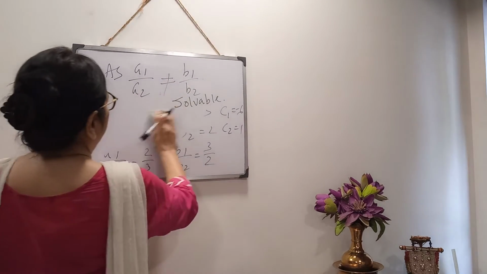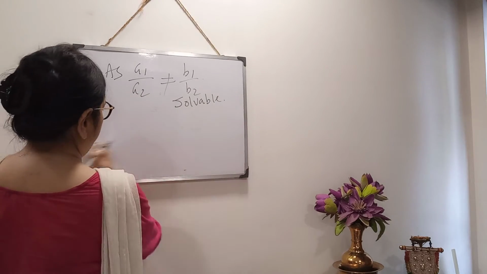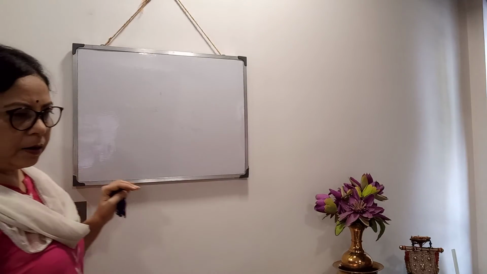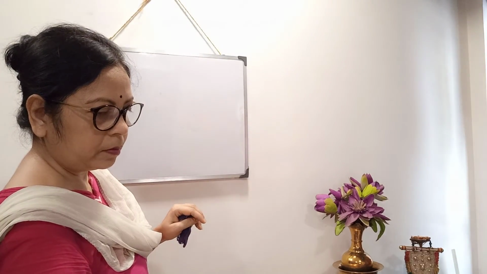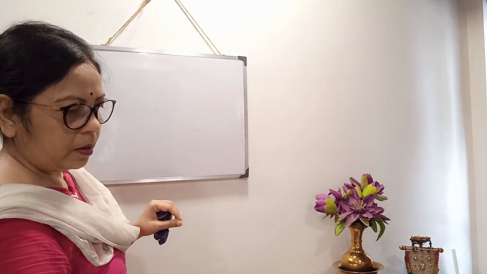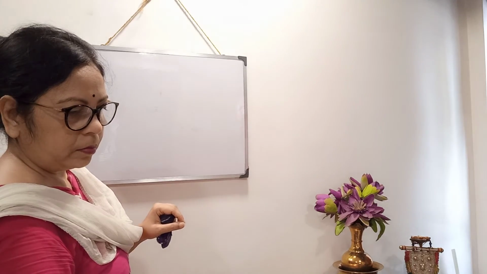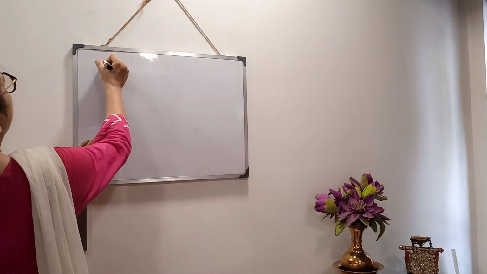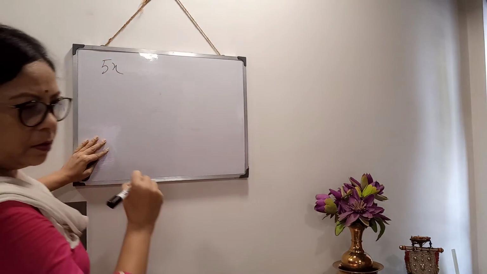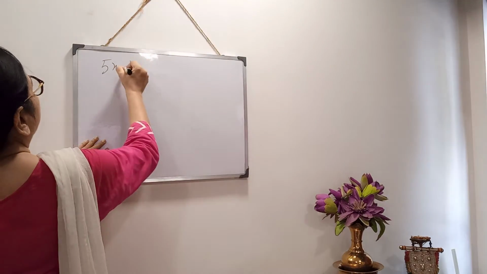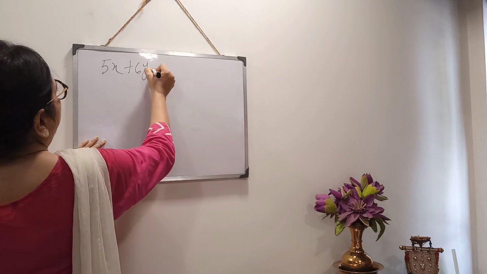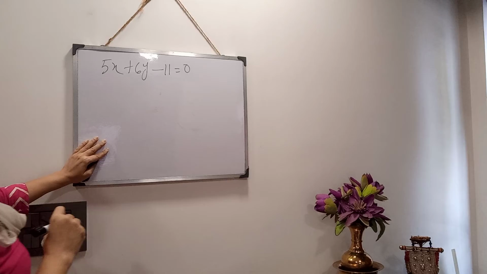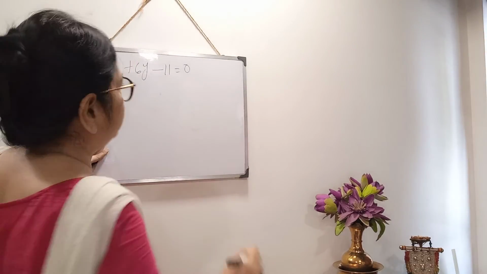Then another example. I am writing 5x plus 6y equals to 11 given. At the same time I have converted it into the general form, equals to 0.